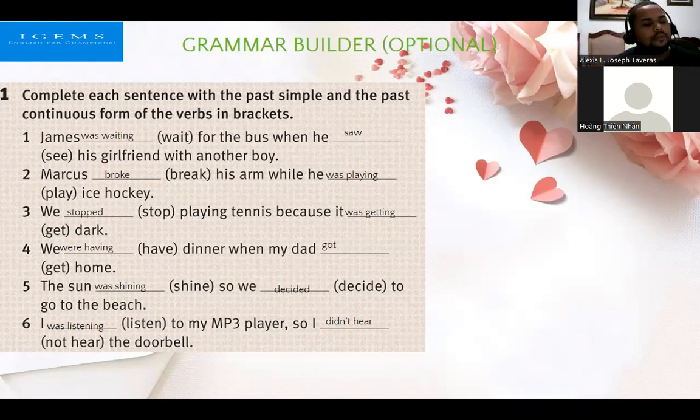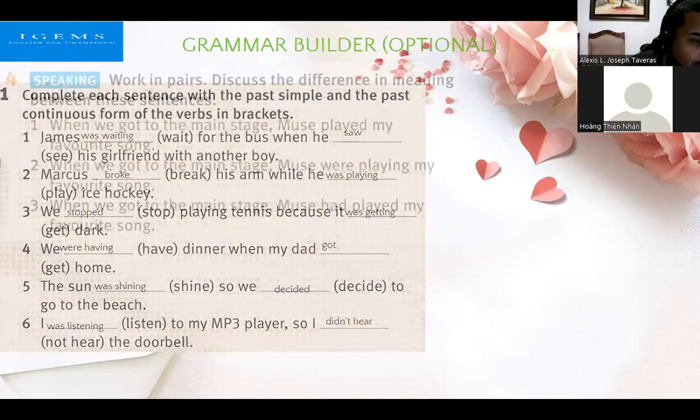Number 5: the sun was shining, so we decided to go to the beach. Number 6: I was listening to my MP3 player, so I didn't hear the doorbell. Fantastic, amazing. So that's pretty much this part, Nhan.